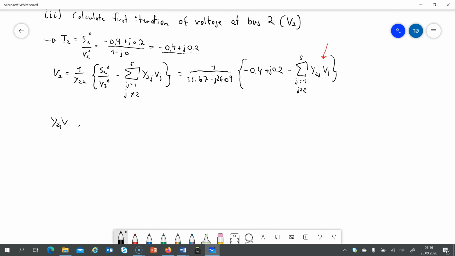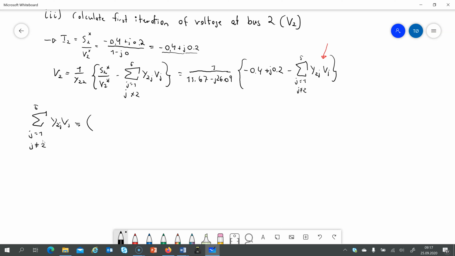The sum over j, of course, equals. So we start with j equal to 1, so y21 V1 first.